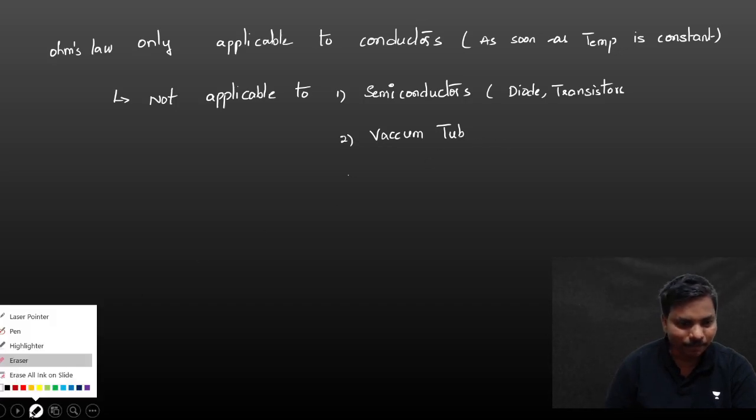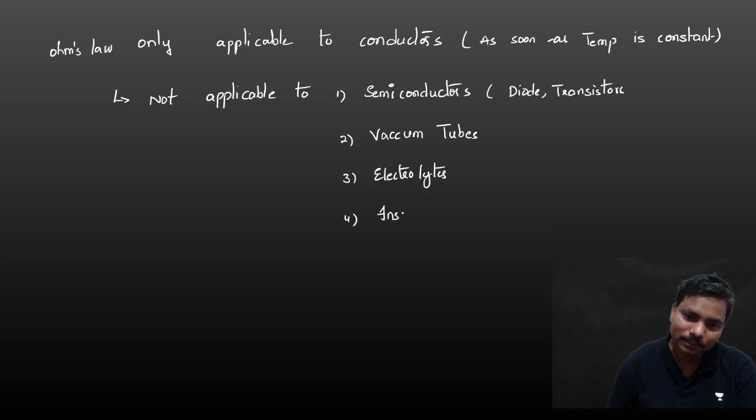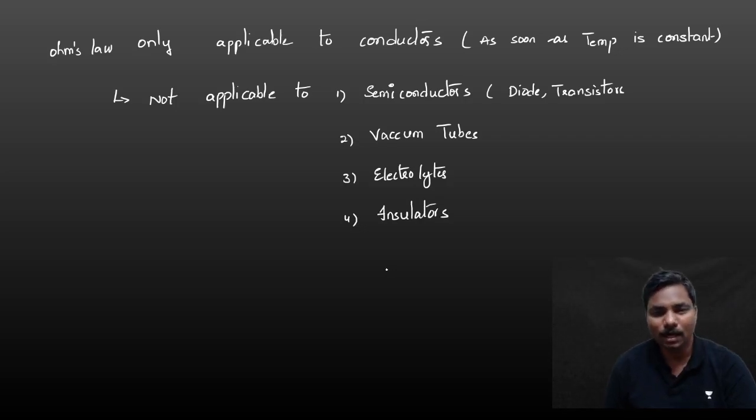Sometimes there may be spelling mistakes, you have to consider, don't take it seriously. Semiconductors, vacuum tubes and electrolytes, and it is not applicable to insulators. For all these, it is not at all applicable.